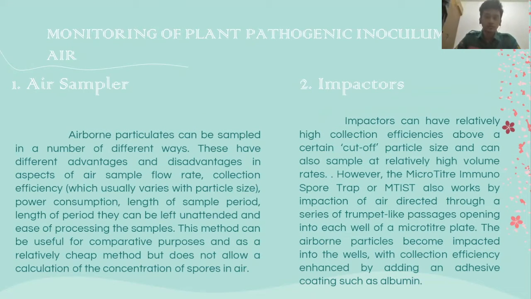Airborne particles can be sampled in a number of different ways. These have different advantages and disadvantages in aspects of air sample flow rate, collection efficiency, which usually varies with particle size, power consumption, length of sample period, length of period they can be left unattended, and ease of processing the samples.